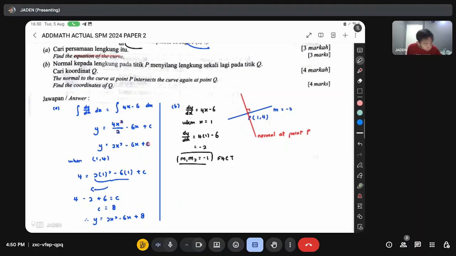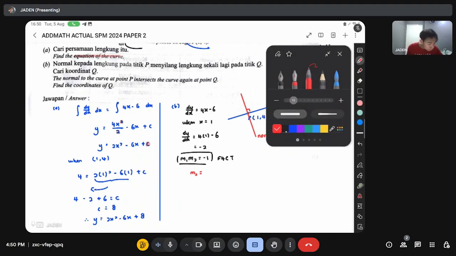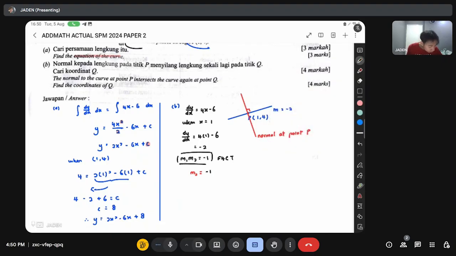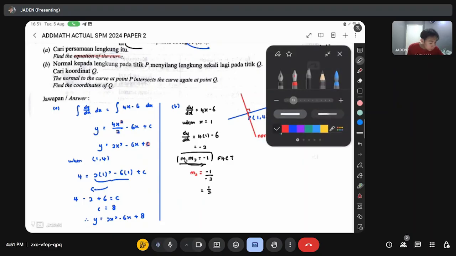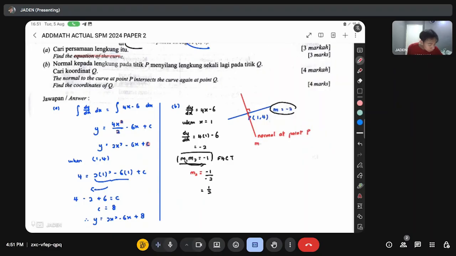M2 is my red line, the perpendicular line gradient. Then negative 1, bring the m1 to the right. M1 is your blue line gradient, negative 2. So divide by negative 2, you get 1 over 2. Now you understand that the normal line gradient is 1 over 2.